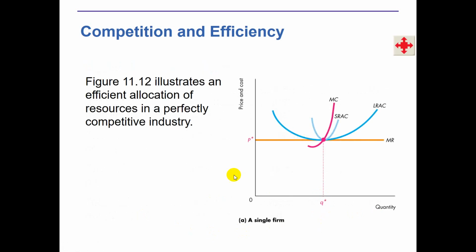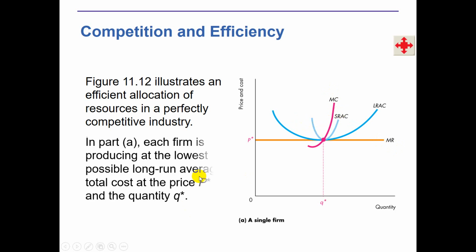You can see here that it illustrates an efficient allocation of resources in a perfectly competitive industry, where price equals marginal revenue, long run average cost is at its minimum, marginal cost equals marginal revenue, and short run average cost is also at its minimum point. So each firm is producing at the lowest possible long run average total cost at the price P static and the quantity Q static.